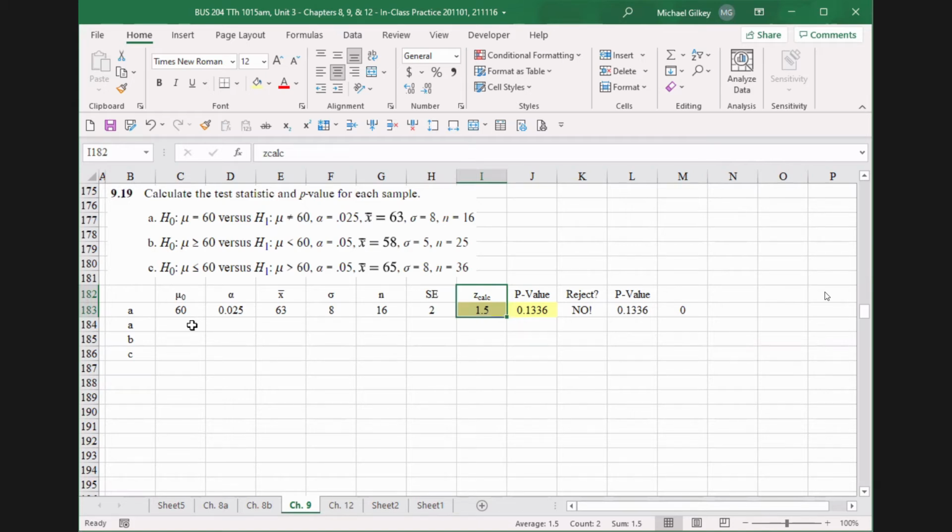Now we said we could have gotten the same result with a sample mean of 57, right?